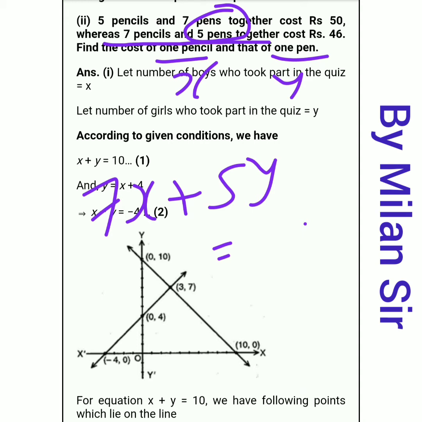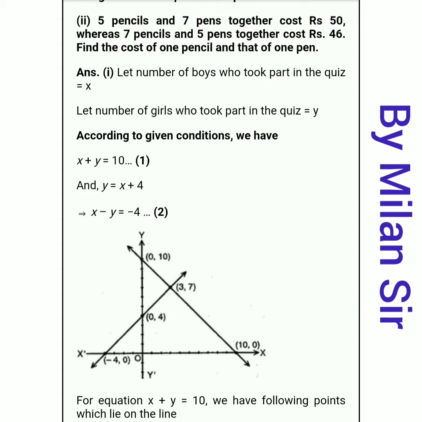And the cost is given, rupees 46. So this is our second equation: 7x plus 5y is equal to 46. So our two equations are ready. Okay, now we represent these two equations on the graph. So we want at least 2 points for one line. Okay, so now we do that process.